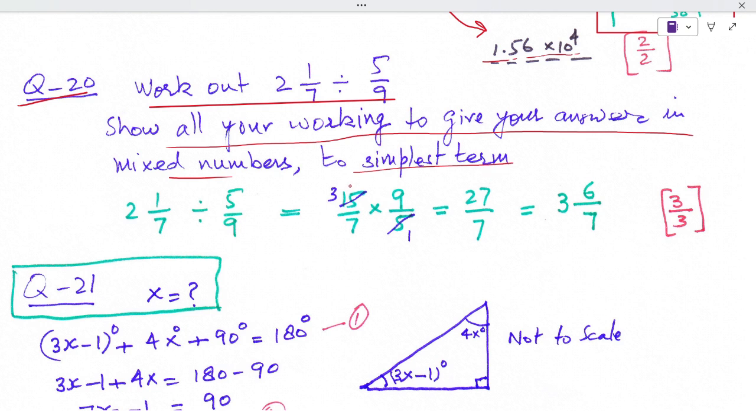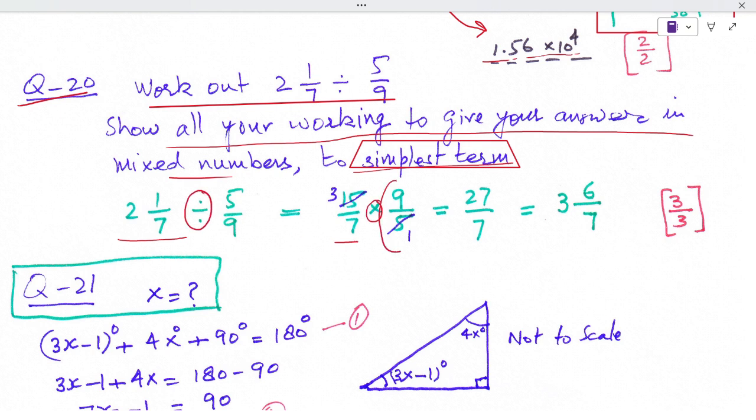Simplest term means we will have to cancel out till there is no more cancellation. So 2 1 over 7 will work out to be 15 over 7 divided by 5 over 9, and when the division sign is changed to multiplication sign, it will become 9 over 5.